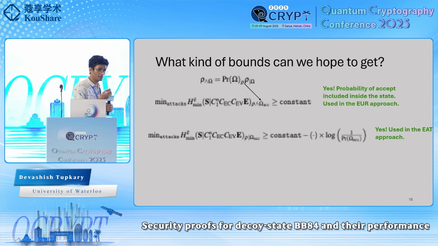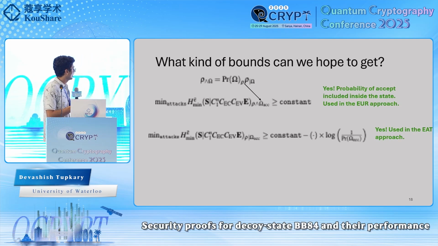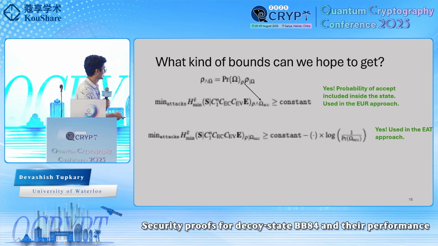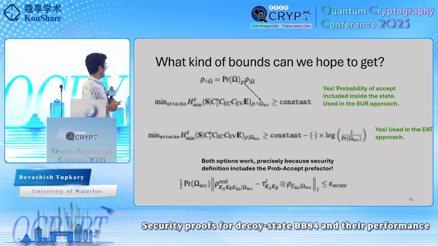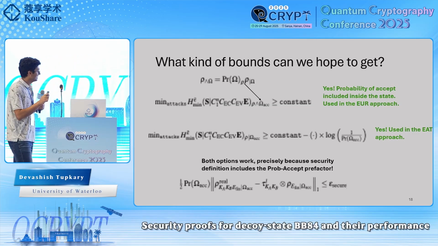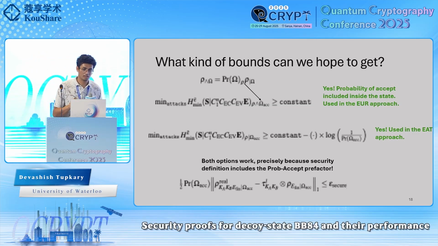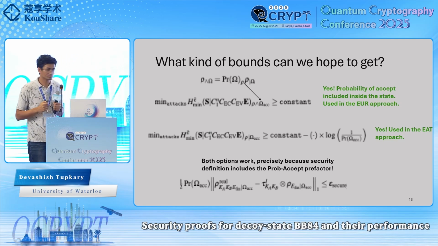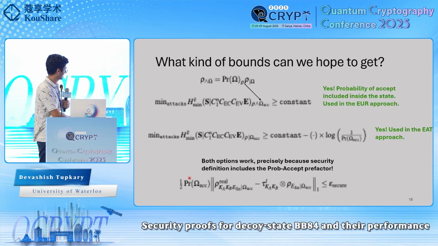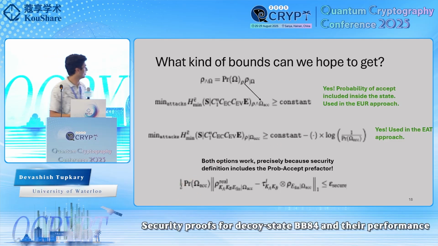They are used in the EAT approach typically, and you can convince yourself, at least for the second line here, that if you do the garbage attack, then because the probability of acceptance is very small typically, the left-hand side could be 0, the constant could be high, but it could just be subtracted by the log probability. Okay, so basically both these options work precisely because the security definition includes this probability of accept term inside of it. Right? If you did not have this, then you would not be able to use these bounds.